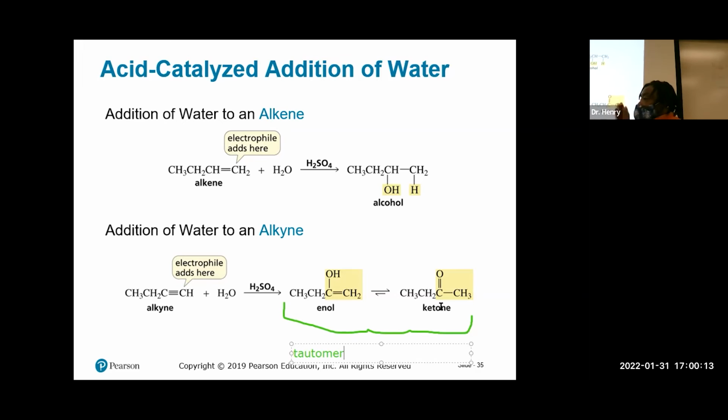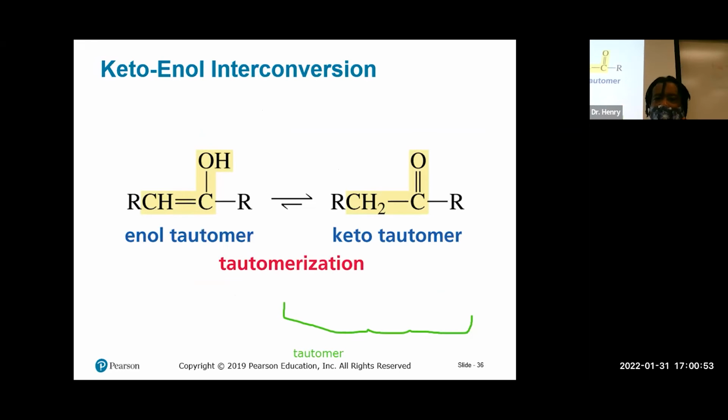So if we have a triple bond, the first thing that's going to happen is that triple bond, added with water and sulfuric acid, is going to form the alcohol. Now that alcohol is then going to tautomerize to form a ketone. This process, going through tautomerization, is called ketone enol interconversion.